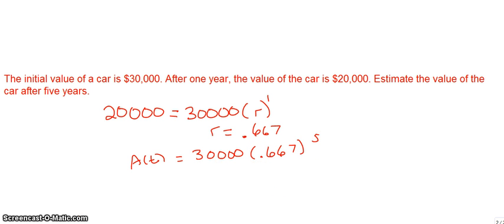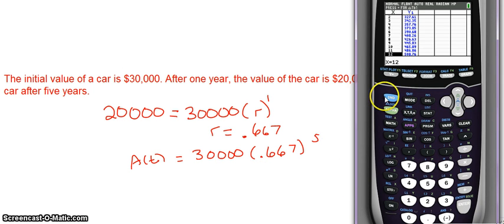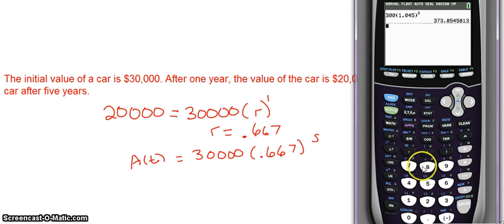So plug that into the calculator. So we've got 30,000 times 0.667 to the 5th. And we get that it's only worth a little bit less than $4,000.